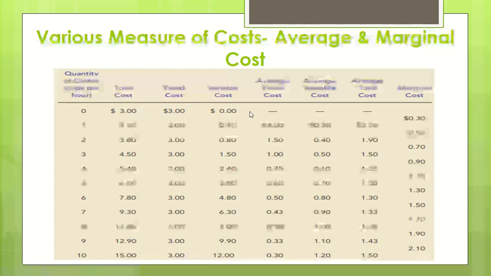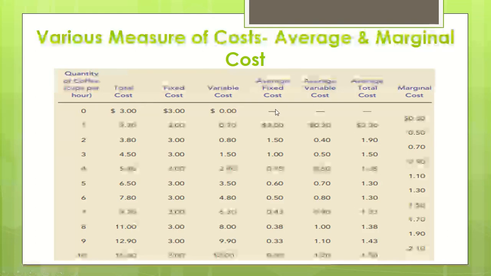If you look here, there is no average fixed cost, because average fixed cost is equal to fixed cost divided by Q. The formula for calculating the average fixed cost is fixed cost divided by quantity.